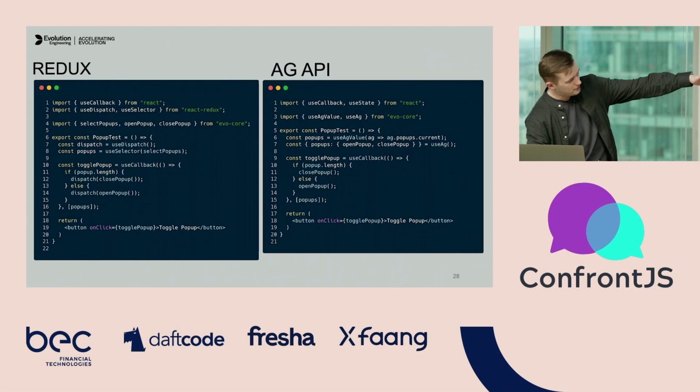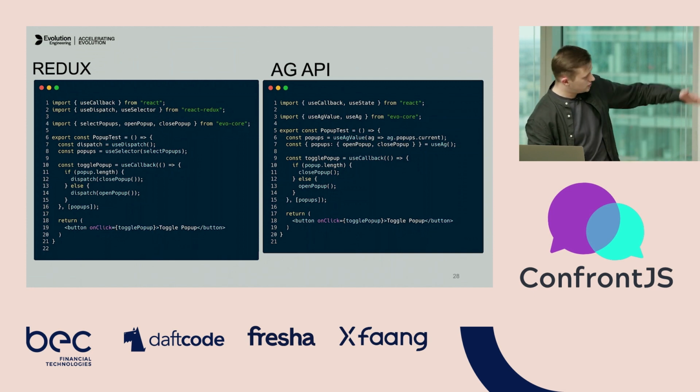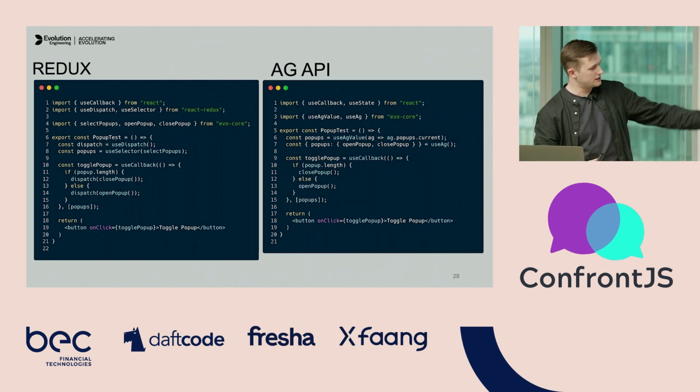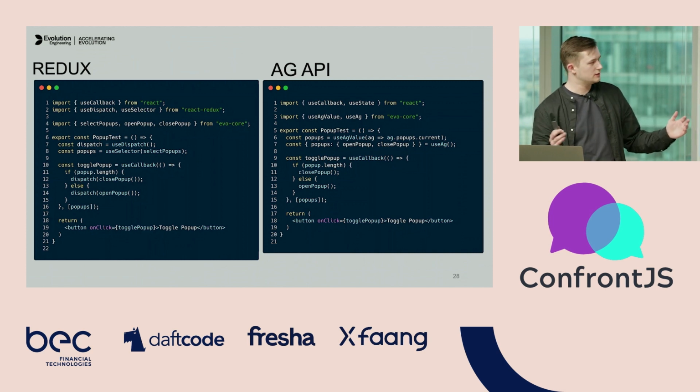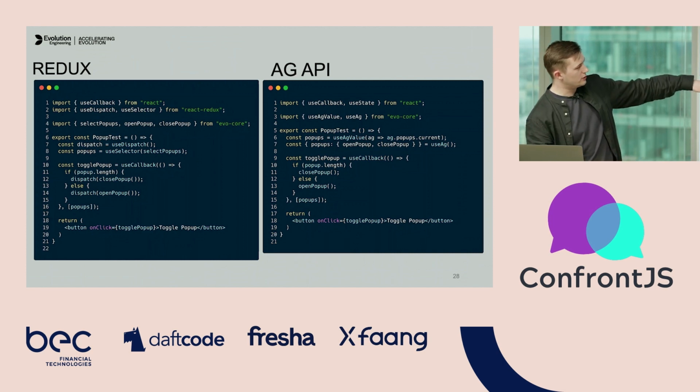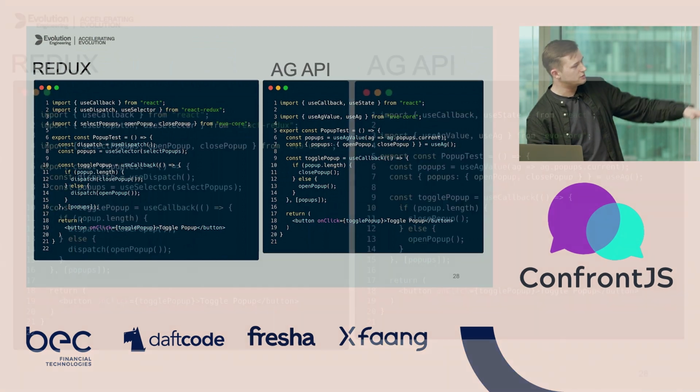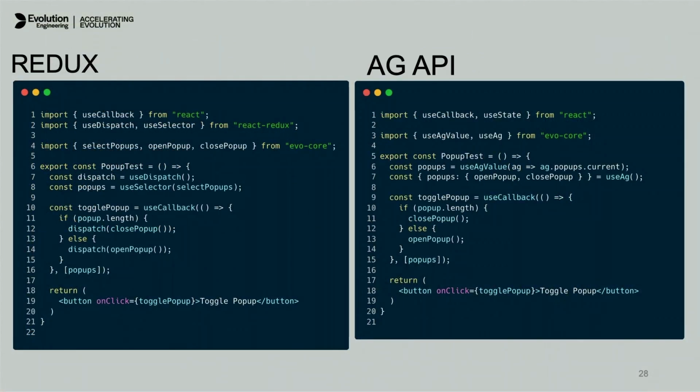With usage of the abstract game API, you see that the structure and the overall complexity didn't change much, right? We just ditched all the things from React Redux, and instead we used our hooks that I will talk about on the next slide. So on line number 6, we just get the pop-ups value.